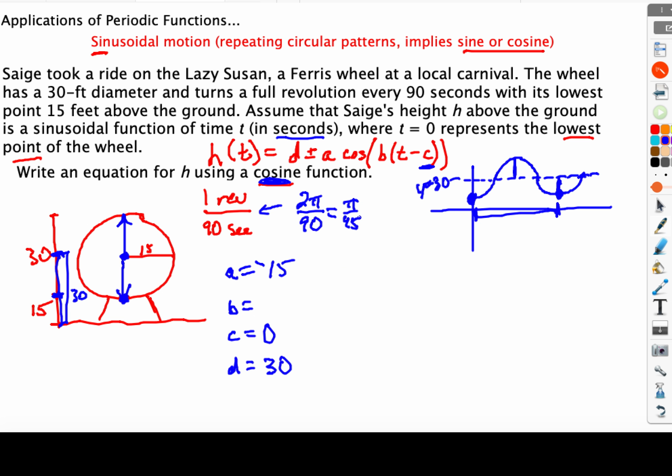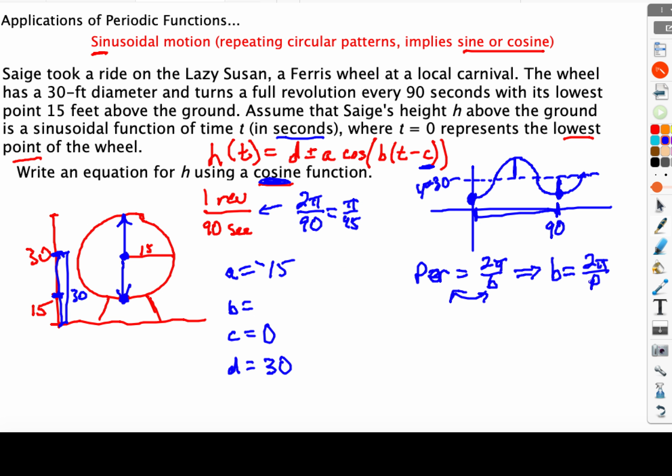Well, we know that it takes, again, 90 seconds to complete 1 revolution. So our distance along the x-axis there is 90, right? Which very simply means, again, we take that x value, remember that the period equals 2 pi over b, or if we do a little converting here, multiply by b and divide away, then b equals 2 pi over the period.